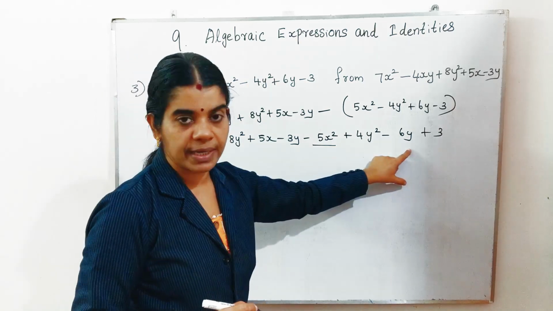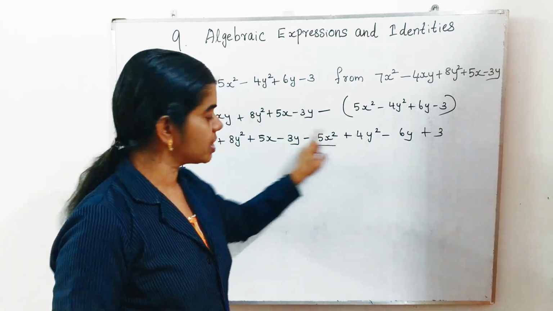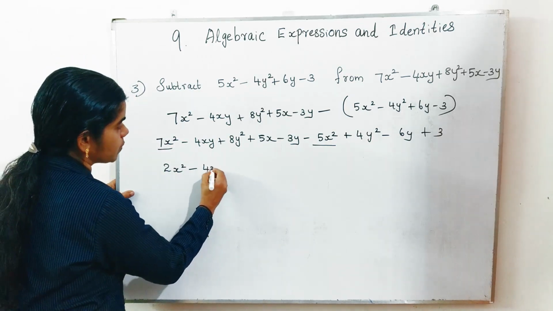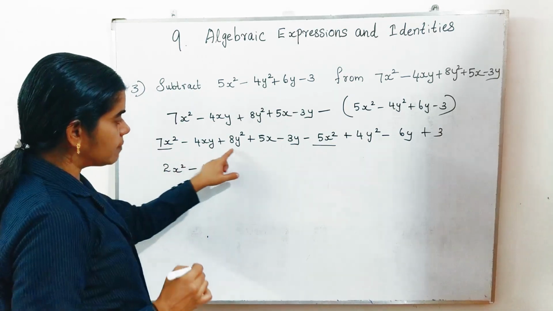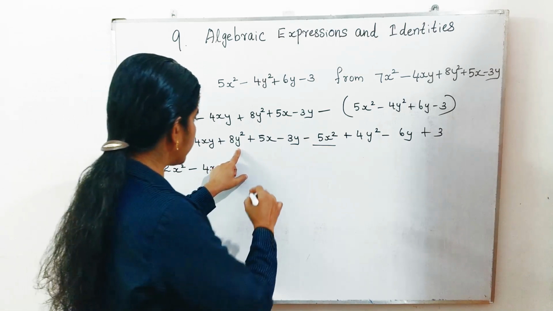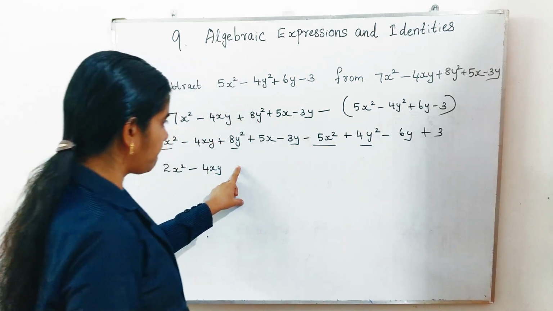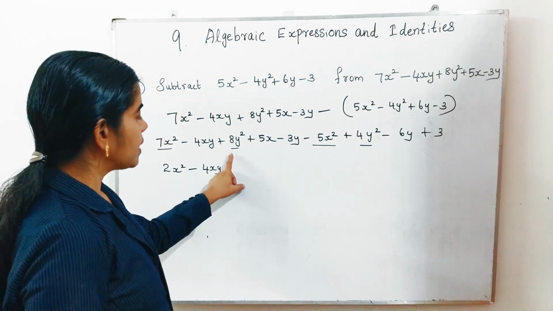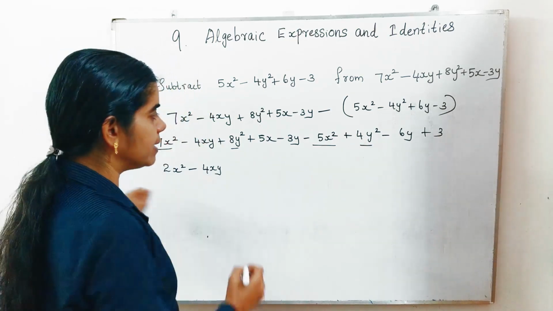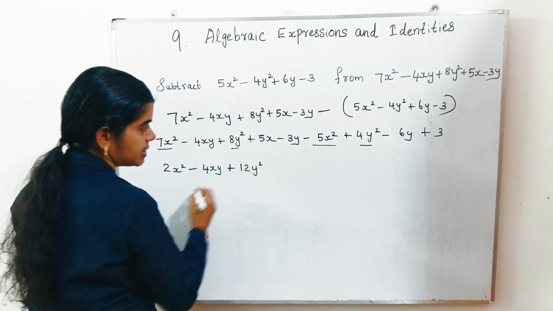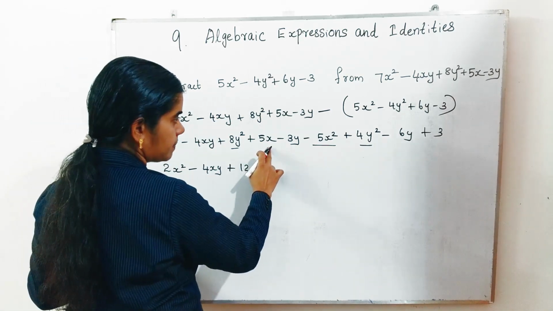No other xy terms, so we can write down the same number, minus 4xy. Then y square. Where is the y square term? Here 8y square, here 4y square. 8 plus 4, you will get 12y square.